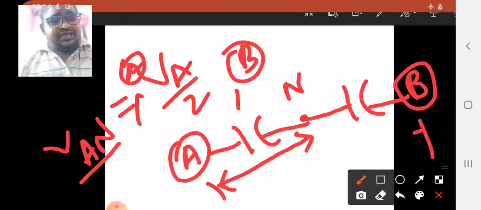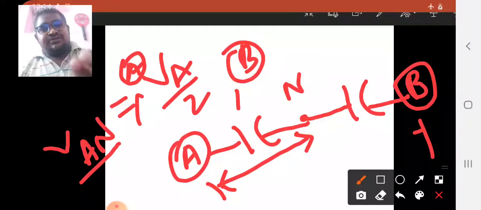So what is the capacitance to neutral? As the potential is half, the capacitance is double.